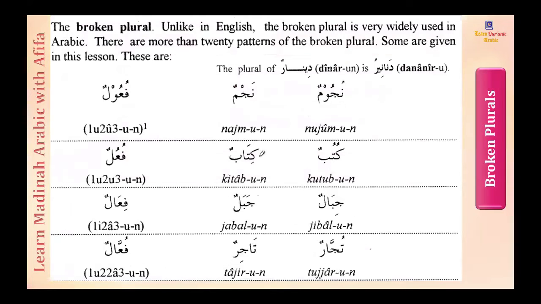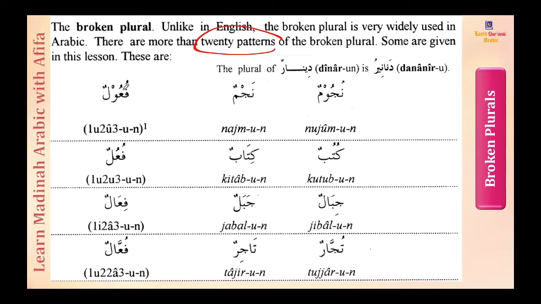So now we are just going to go through a summary of the patterns that we went over. There are more than 20 patterns of the broken plurals. We're just going through some of them so that you're able to recognize them in the Quran. So we talked about these. It's just a recap, a review of what we did. So Najmun, we said, was a star. The plural follows fu'ulun, nujumun.